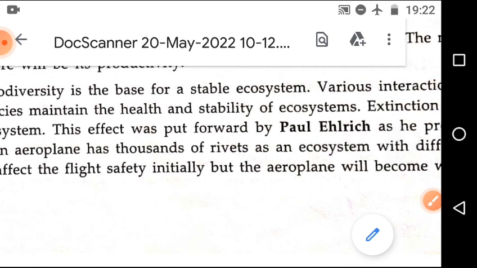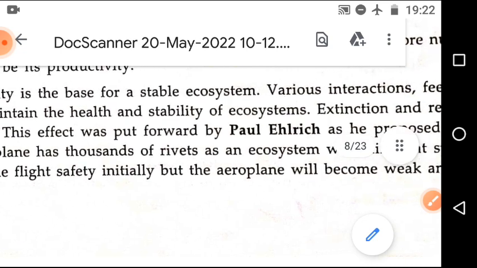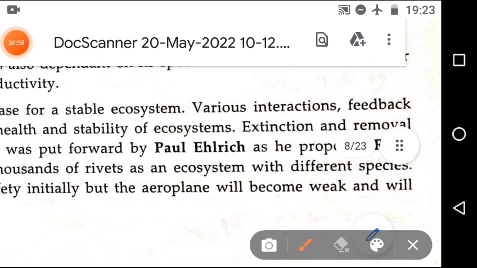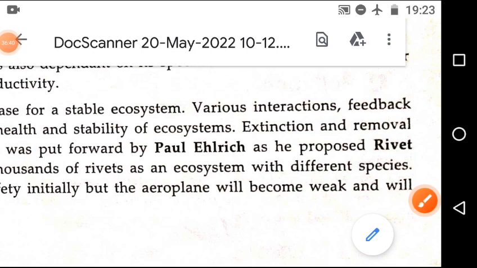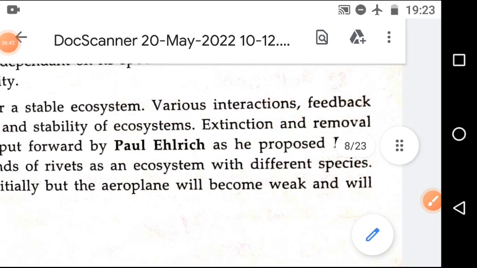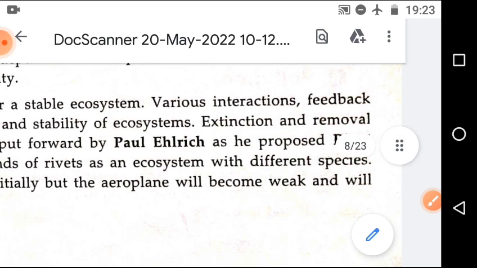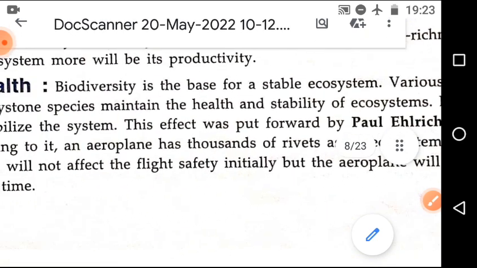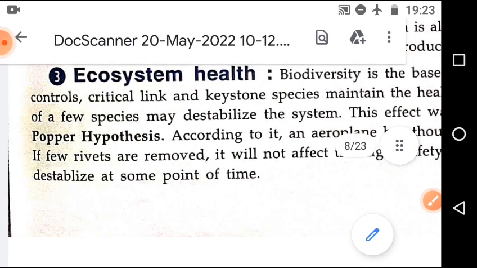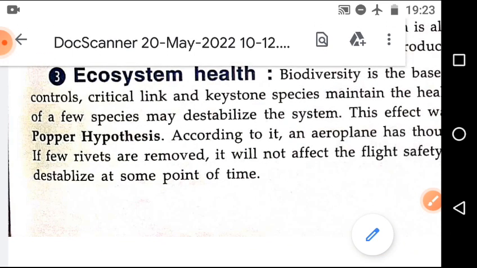I am repeating the same line again, starting from here. It is saying various types of interaction between what? Interaction between the species, various interactions, feedback control, then critical link, and keystone species. What do you mean by keystone species?